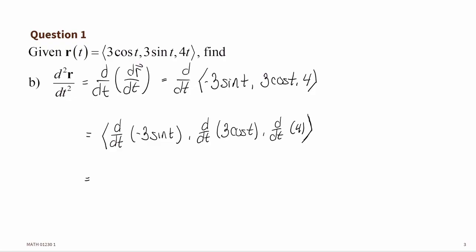So the derivative: negative 3 sine, negative 3 cosine. Derivative of 3 cosine is negative 3 sine, and the derivative of 4 is 0. So that would be our second derivative.